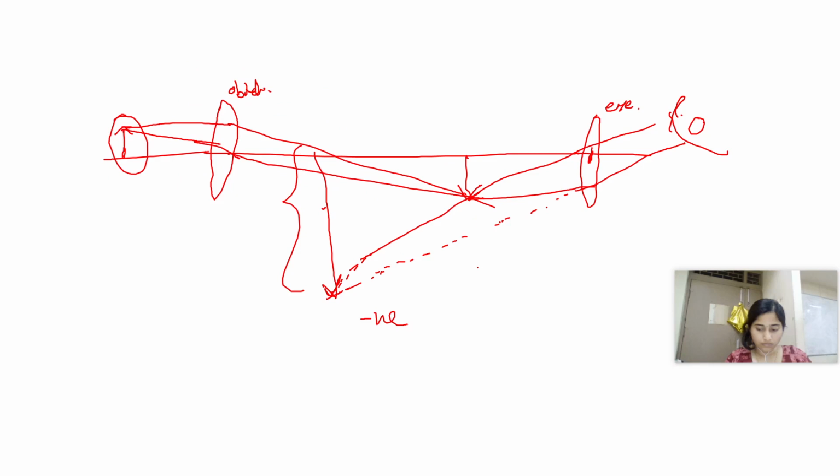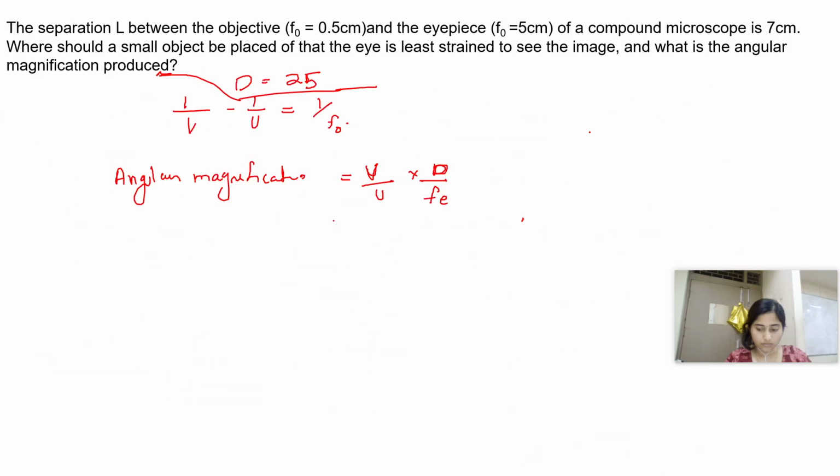So if you want the least strain, the image formed by the objective should form at the focal length of the eyepiece. Then only, according to the question, you can see the image without straining your eye.